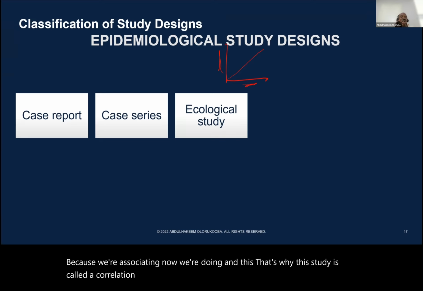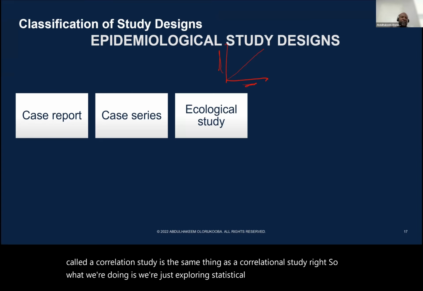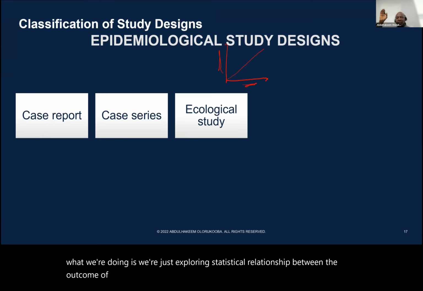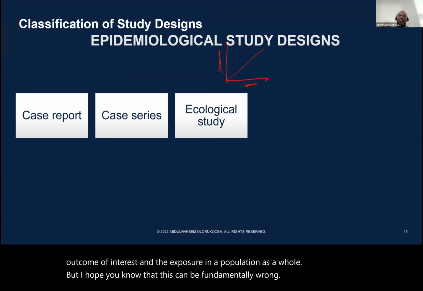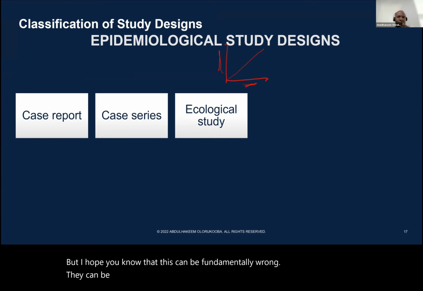It's the same thing as a correlational study, right? So what we're doing is just exploring the statistical relationship between the outcome of interest and the exposure in a population as a whole. But I hope you know that this can be fundamentally wrong. There can be a very big disaster waiting for us. Why? Because we're just assuming that everybody consumes salt.